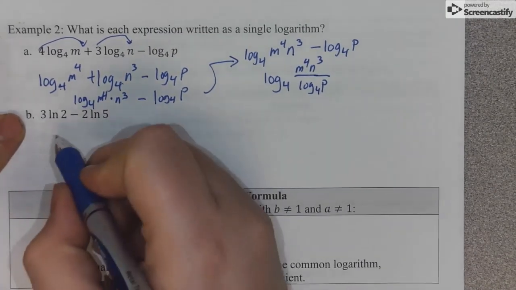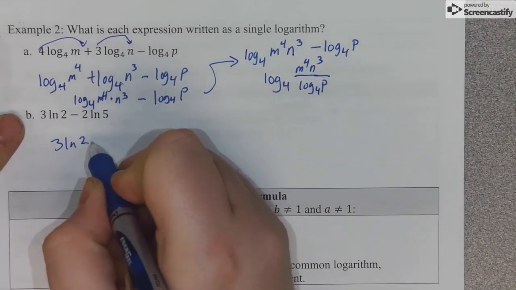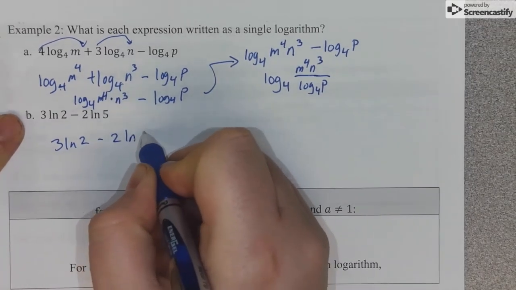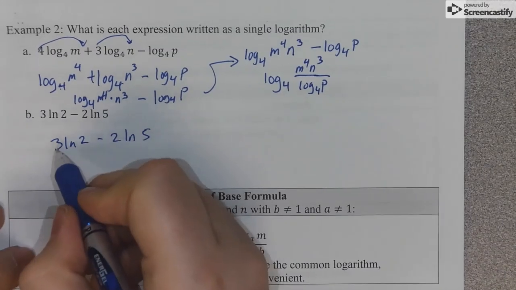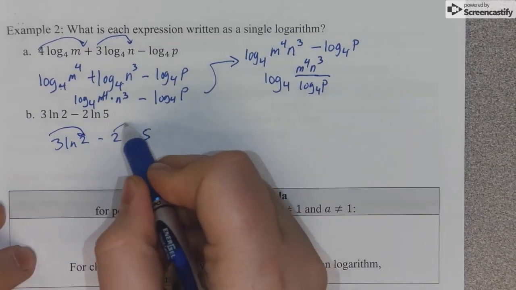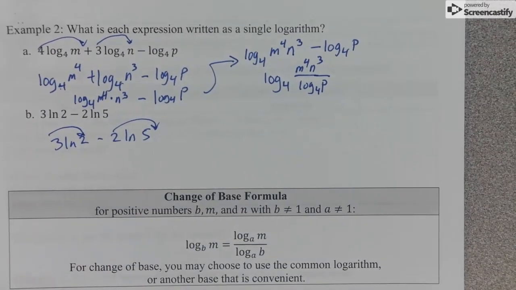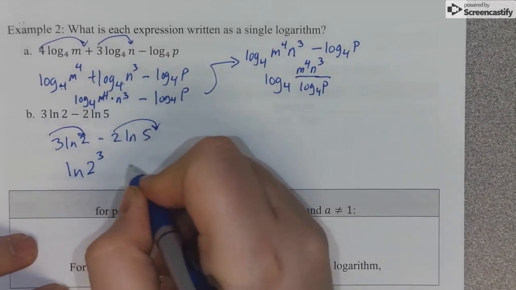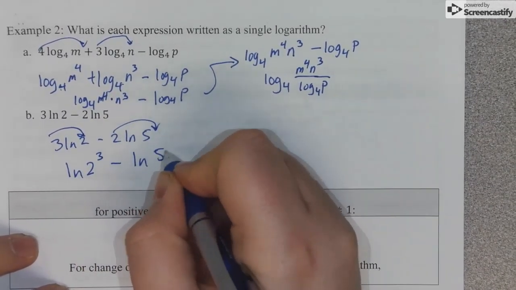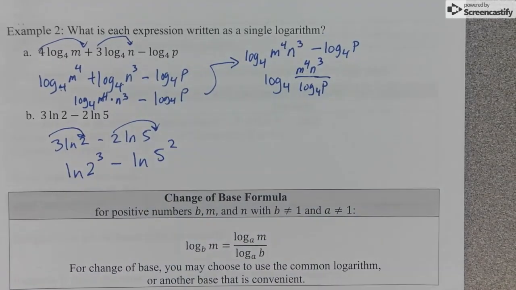Part B, 3 ln 2 minus 2 ln 5. So we'll use our power property to bring this 3 back to where it belongs, and then this 2 back where it belongs. So this would be ln 2 to the power of 3 minus ln 5 to the power of 2.